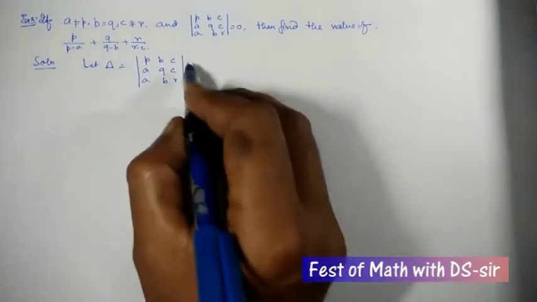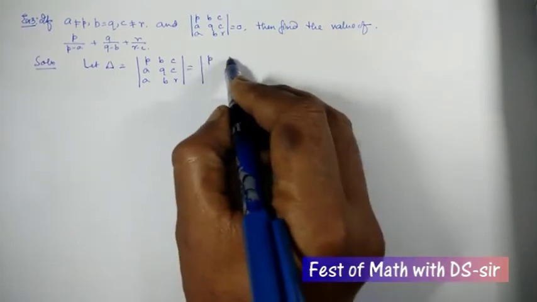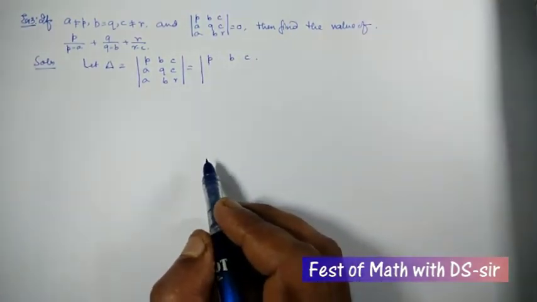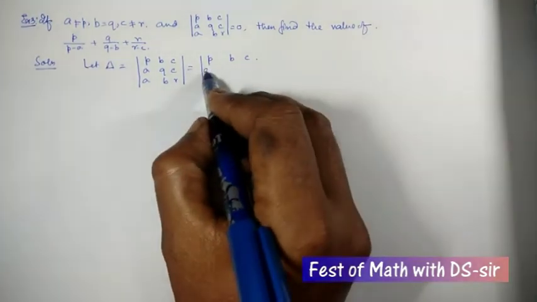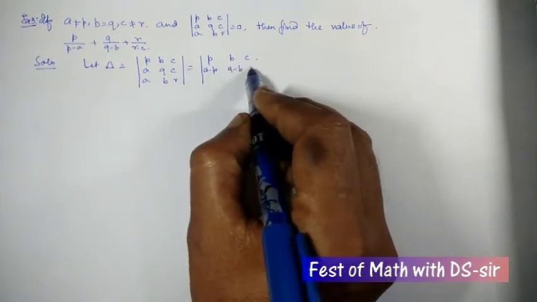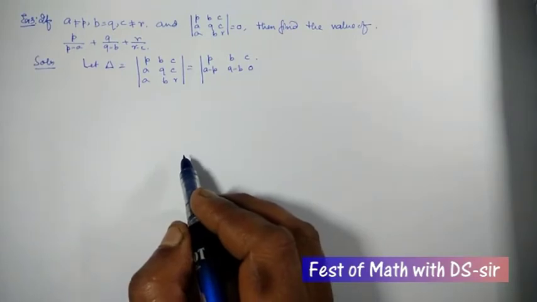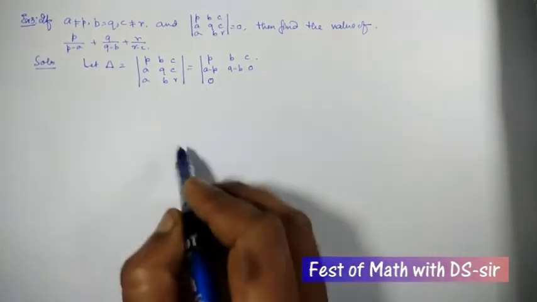this. This is equal to P, B, C. First row remains unaltered. I subtract the first row from the second, so it becomes A minus P, Q minus B, 0. I subtract the second row from the third, this becomes 0.